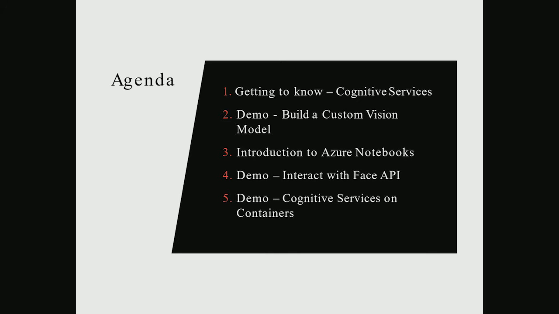So we're going to go ahead and get started with getting to know cognitive services. We're going to build a custom vision model. We'll do an introduction to Azure Notebooks. We'll interact with the FACE API, and that's one of the new APIs that are part of cognitive services. And then we'll do a demo on containers. And that is actually very, very cool.